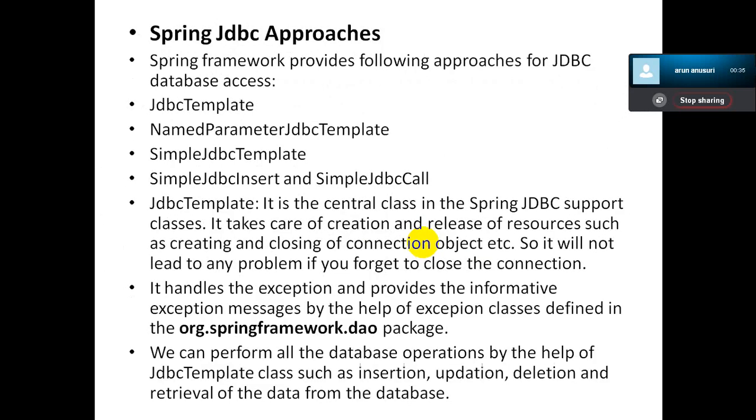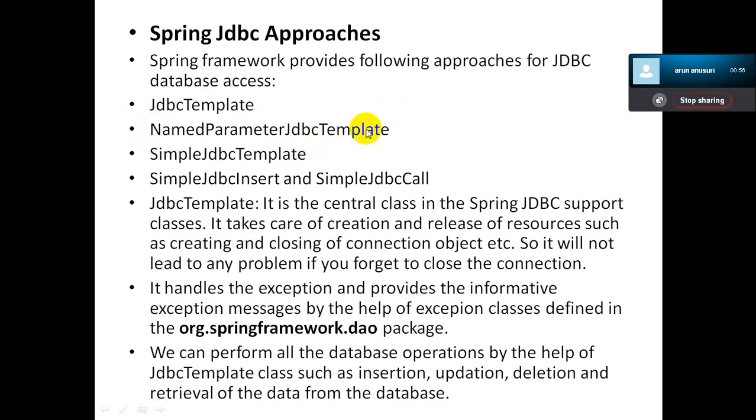So, Spring JDBC approaches. Spring framework provides the following approaches for JDBC database access. So we got templates, we know, but these are all the other templates we can work with. The first is JDBC template, which we have worked with earlier. Named parameter JDBC template. We have even used this to provide named queries.